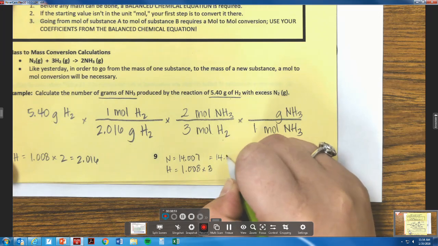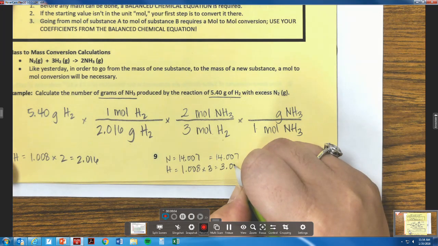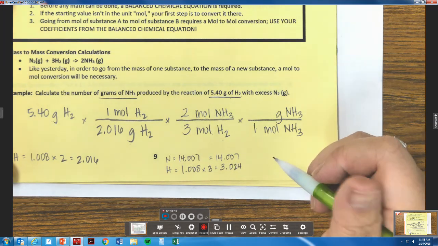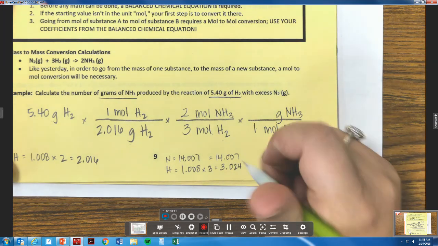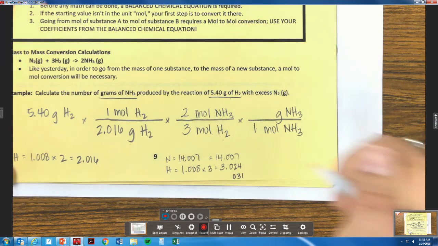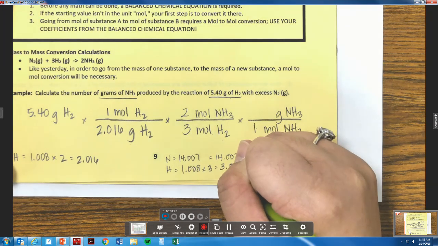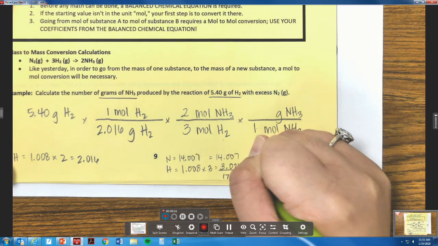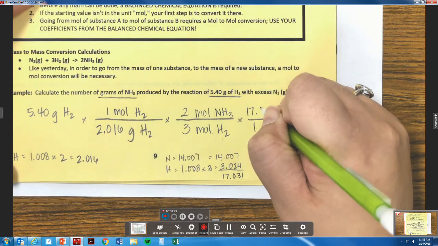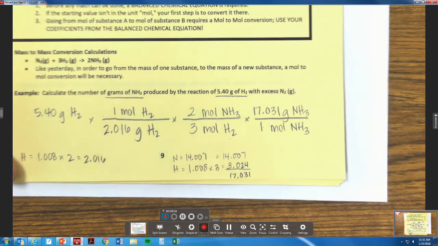So 14.007 and 3.024, quick mental math. So our total is 17.031 grams of ammonia. That's our molar mass.